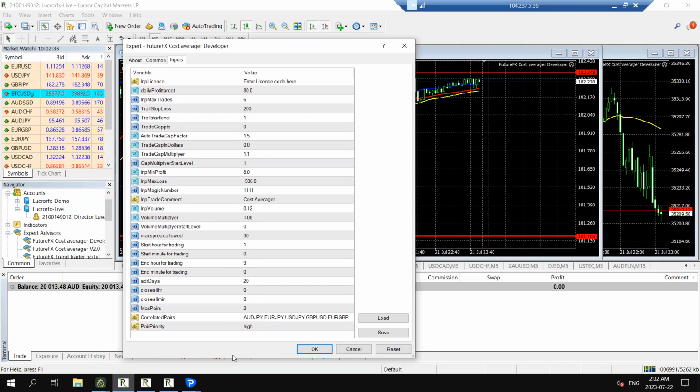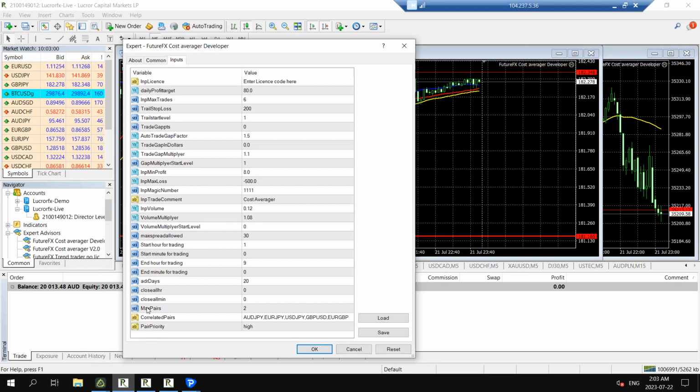And so now with these settings, you can put the software on multiple pairs. You might have the software on 8 or 10 pairs. And that way, there's a very, very good chance that at least one of those pairs is going to have the time frame trends lined up every day and that it can trade.